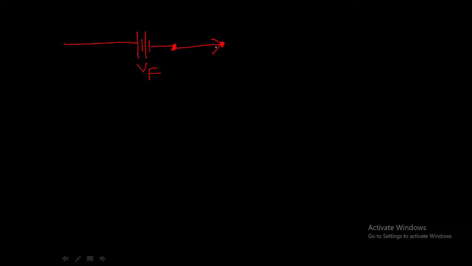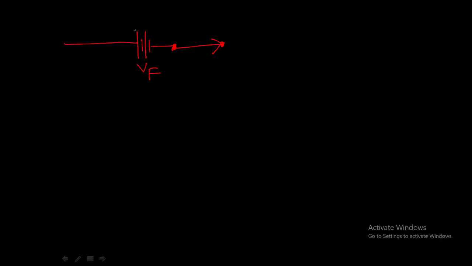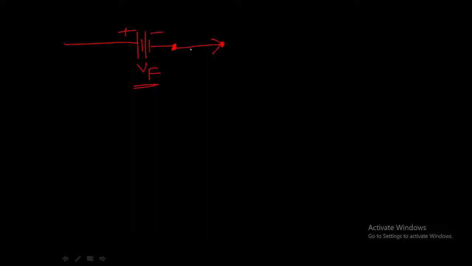So in the practical diode model, we are replacing our diode with a closed switch in series with a forward potential Vf, which is the barrier potential. We replace our diode with a voltage source connected with the switch, and the external resistance R is connected as usual, along with the power supply.